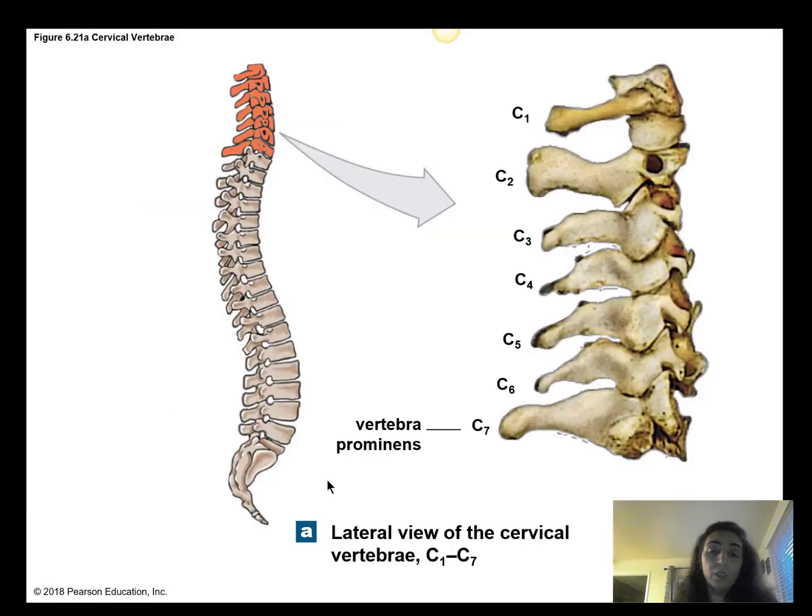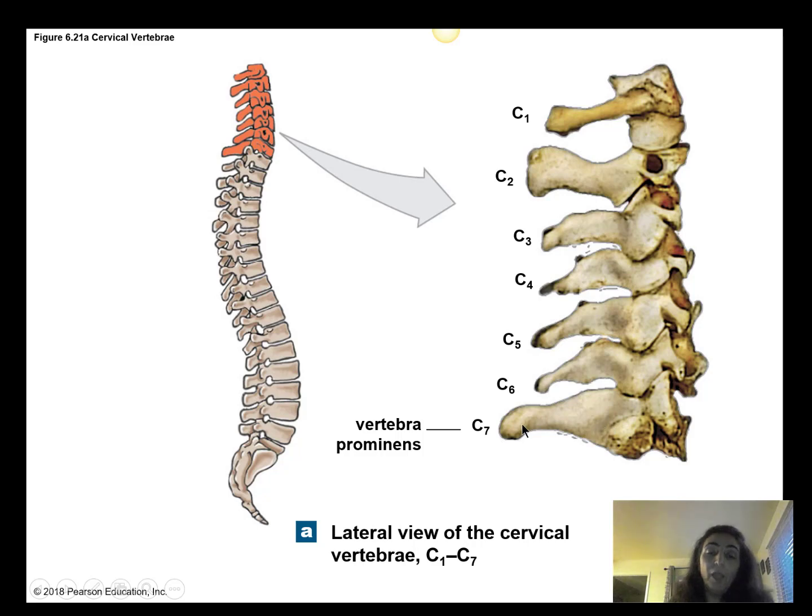Now let's see all these 7 cervical vertebrae. As you see, in the cervical region of the vertebral column, you have these 7 vertebrae: C1, C2, C3, C4, C5, C6, C7. This C7 is the other one that you need to know about.